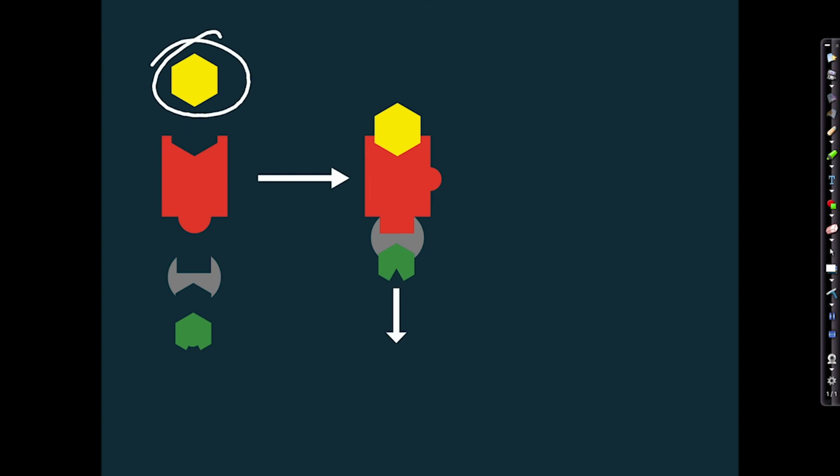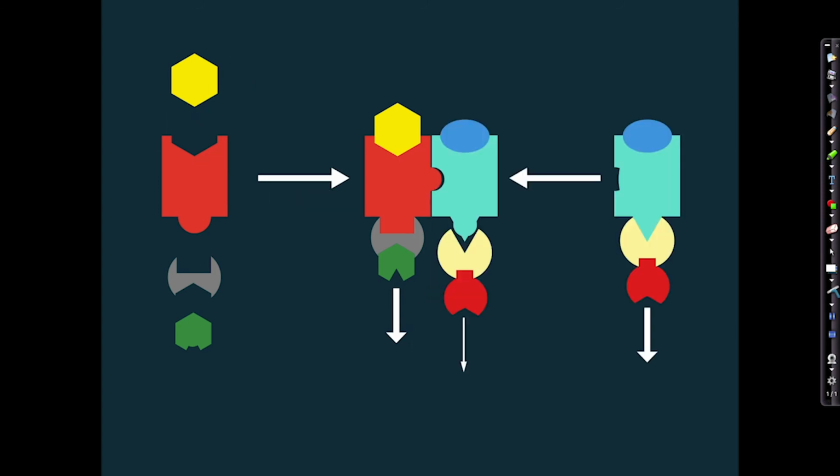Induces a conformational change in the receptor, which activates a particular signaling pathway in the normal way. However, again, we can see that there seems to be another change in the conformational structure of the receptor that's unrelated to the intracellular signaling pathway. Now let's put these receptors together and see what happens.